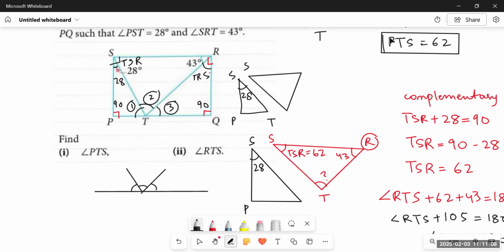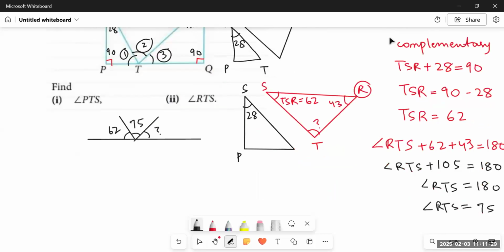And we know that 3 or 4 or any number of angles on a straight line always equal 180 degrees. So if angle 1 is equal to 62, this angle is equal to 75, then this angle would be 62 plus 75 subtracted from 180. If we add 62 with 75, we will get 137.